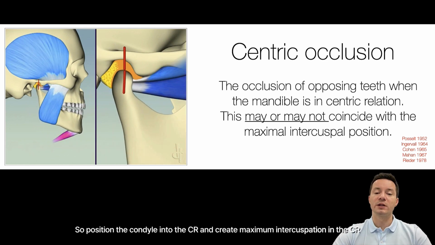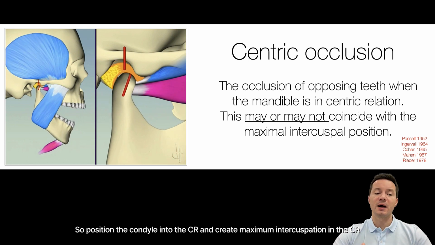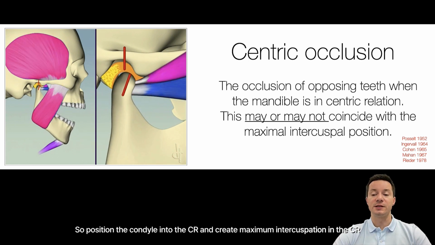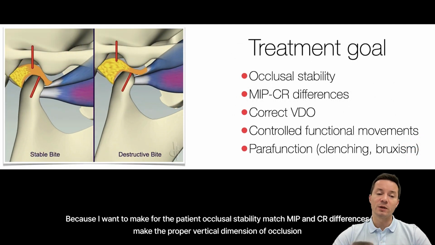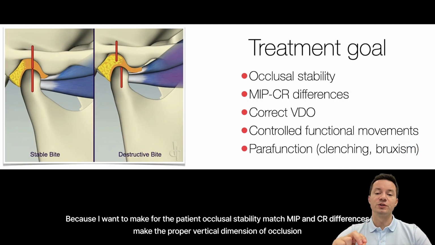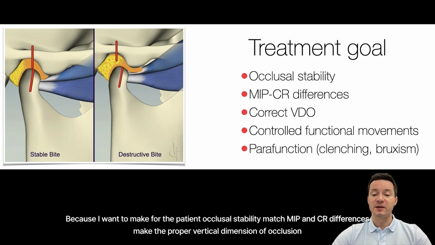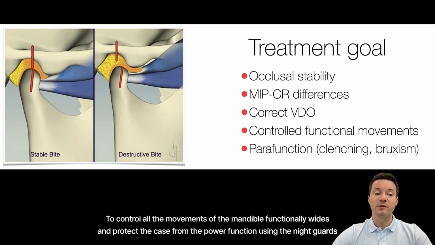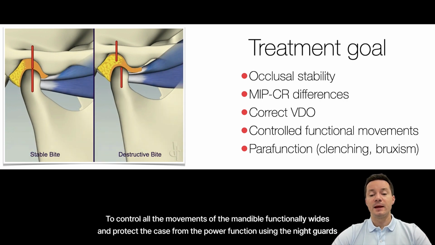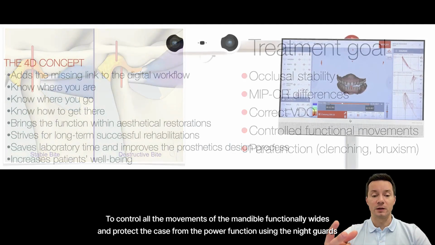So position the condyle into the CR and create maximum intercuspation in the CR. I want to give the patient occlusal stability, match the MIP and CR differences, make the proper vertical dimension of occlusion, control all the movements of the mandible functionally, and protect the case from parafunction using night guards.